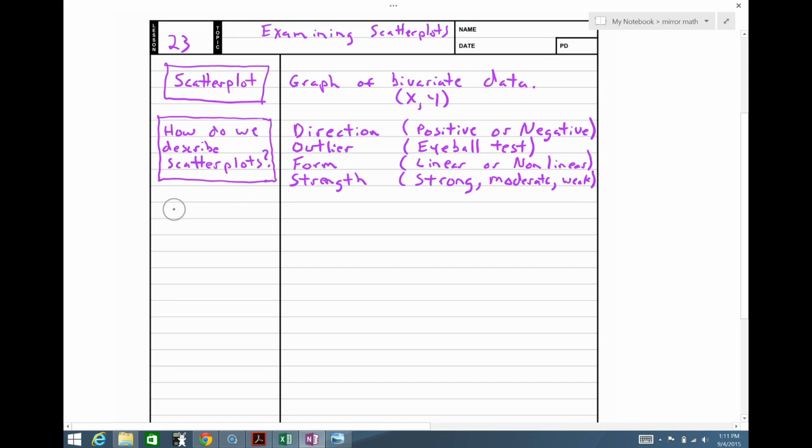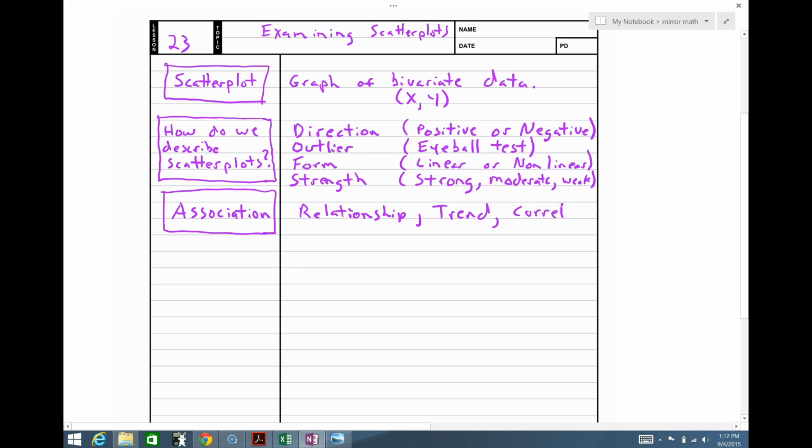One final term, association. When we examine our scatter plot, what we're looking for is some association between the two variables. And other synonyms for association will be a relationship, trend, and then we will soon talk about a final word, correlation.